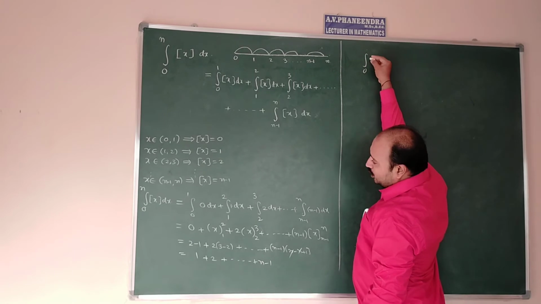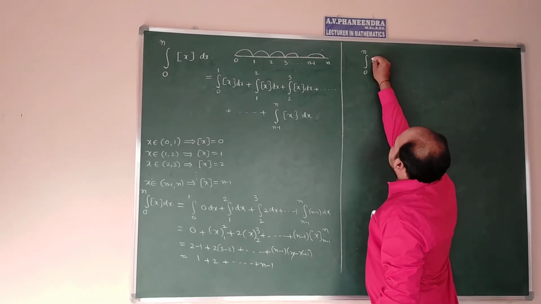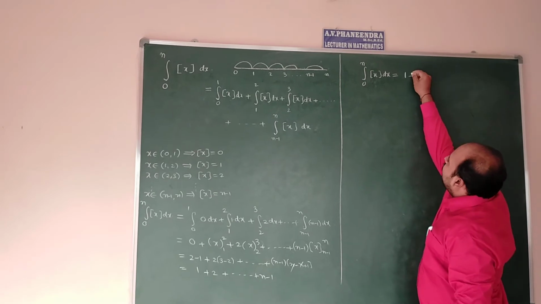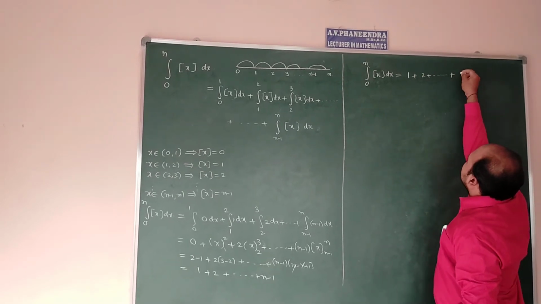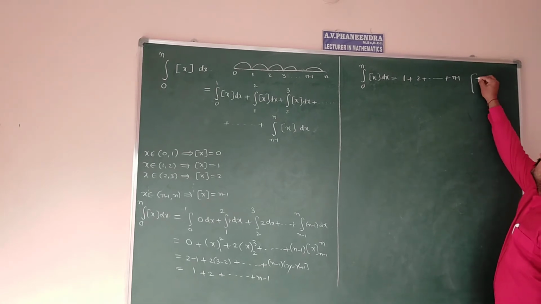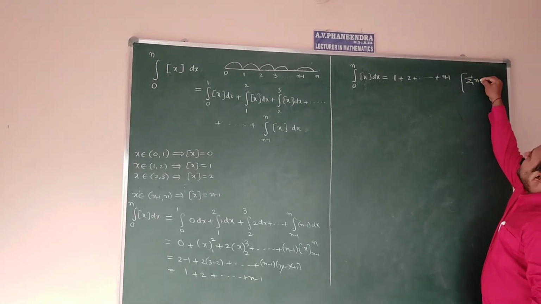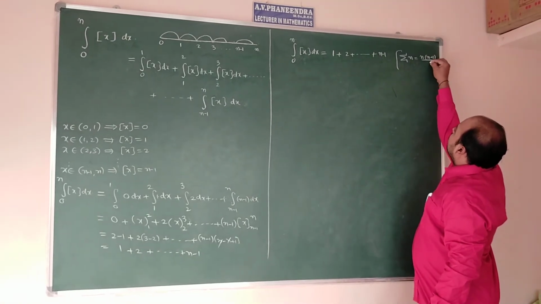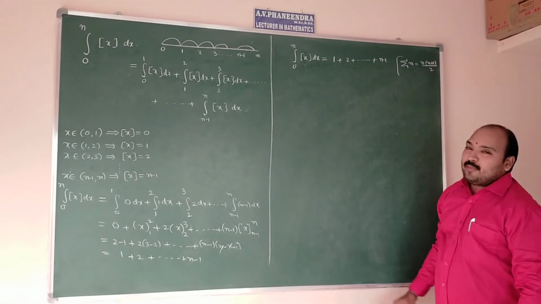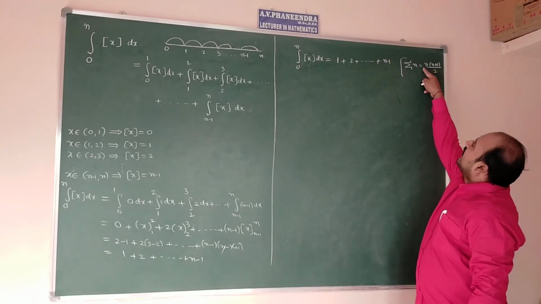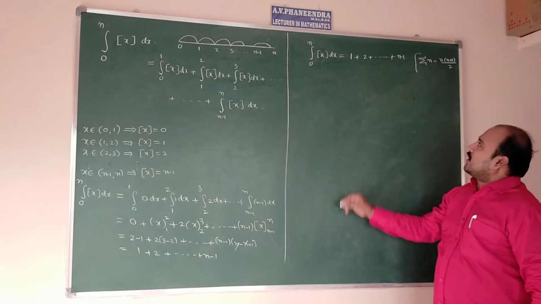Integral 0 to n step x dx is equal to 1 plus 2 plus 3 plus and so on up to n minus 1. We know that sigma n is equal to n into n plus 1 divided by 2. But in place of n here n minus 1 is there. In this formula wherever n is there you have to replace with n minus 1.